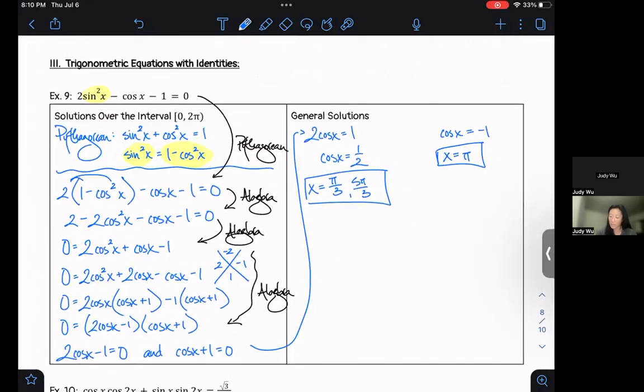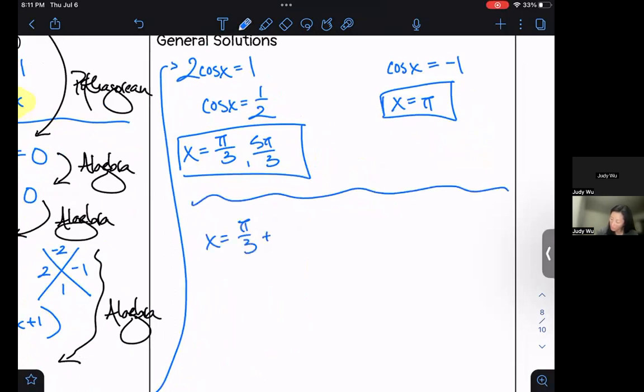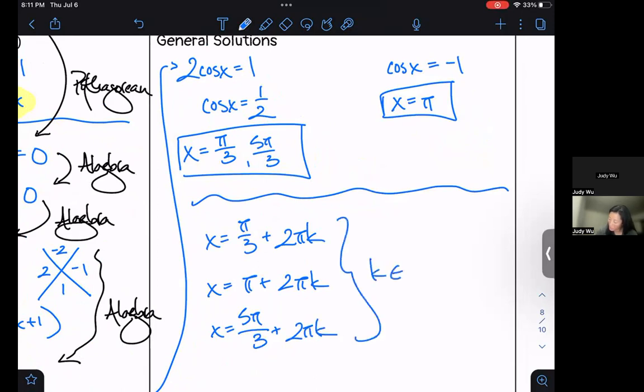Now, if I were to go ahead and graph these on a unit circle, I would find that none of them are exactly halfway from each other. So for my general solution, I am going to have to write them all separately, each one with its own 2 pi k. And for all of these, k is an integer.